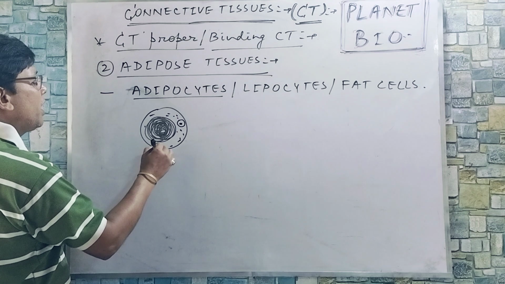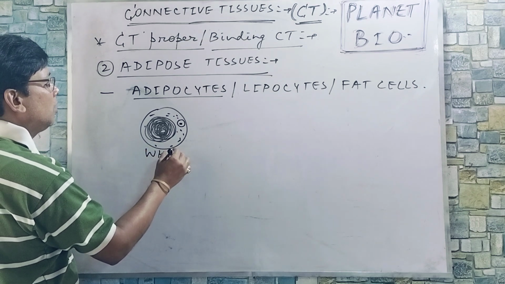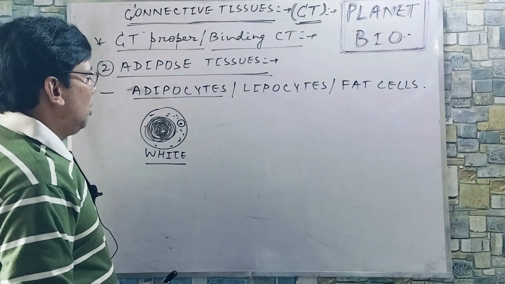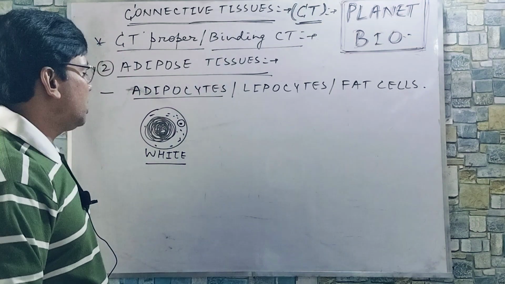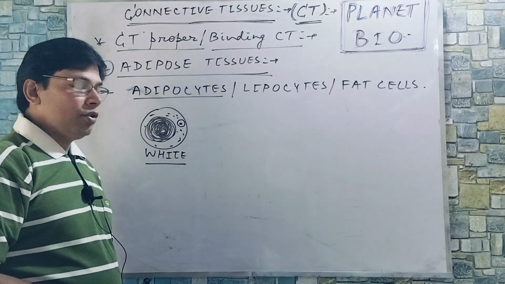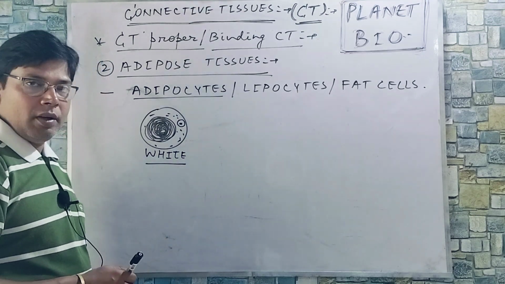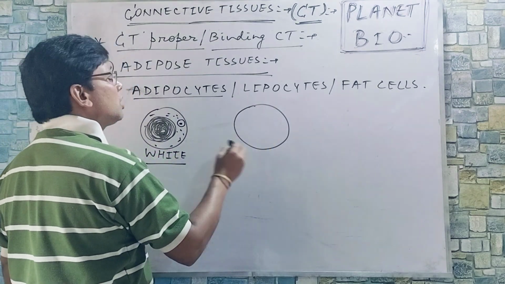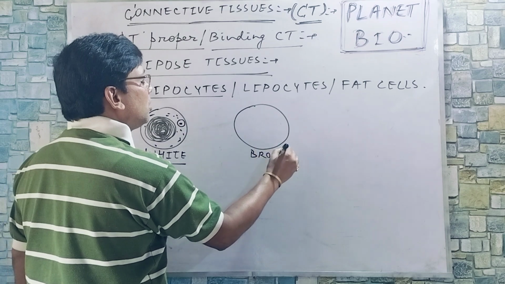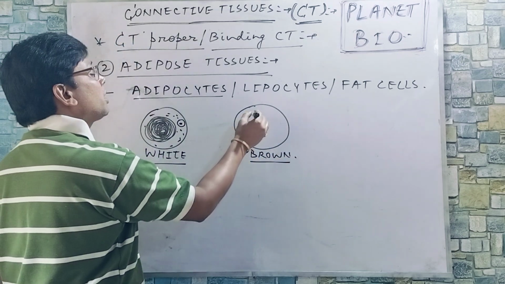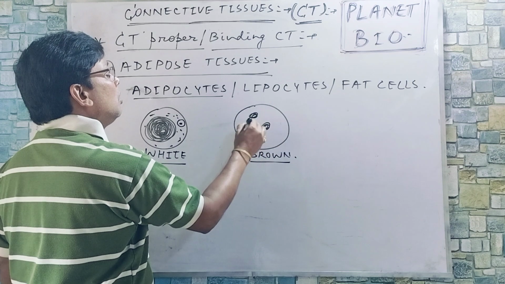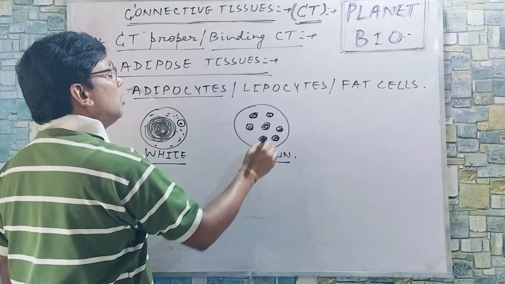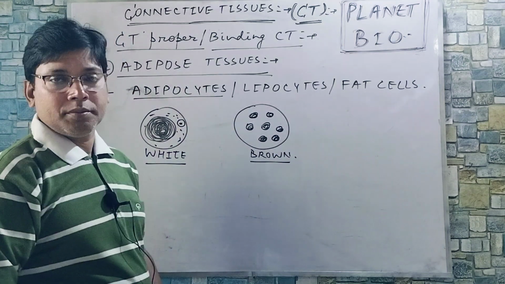So this is called a white fat cell. Now these have the capability to produce less amount of energy. As compared to this one, you can have another adipocyte, the brown adipocyte, which is small and numerous. Smaller and numerous fat globules are present here.